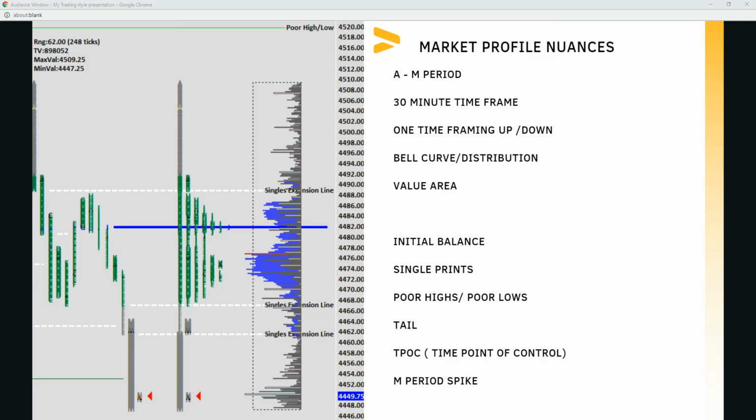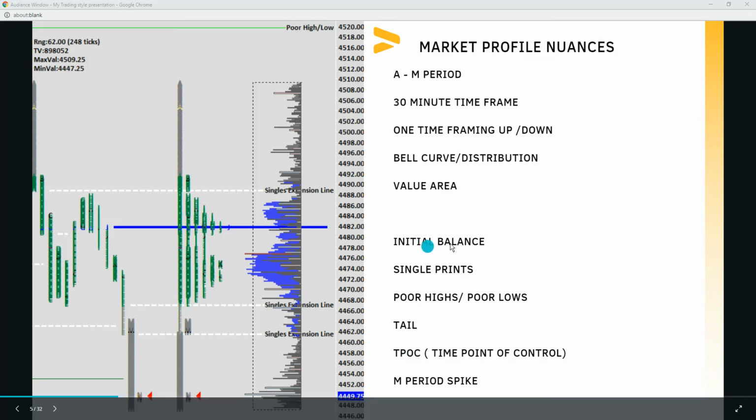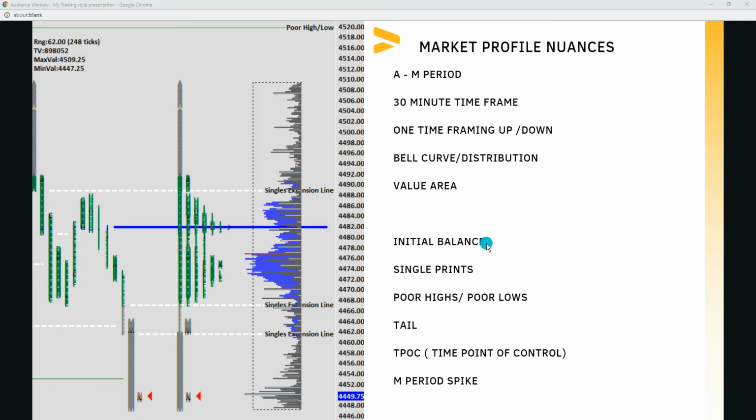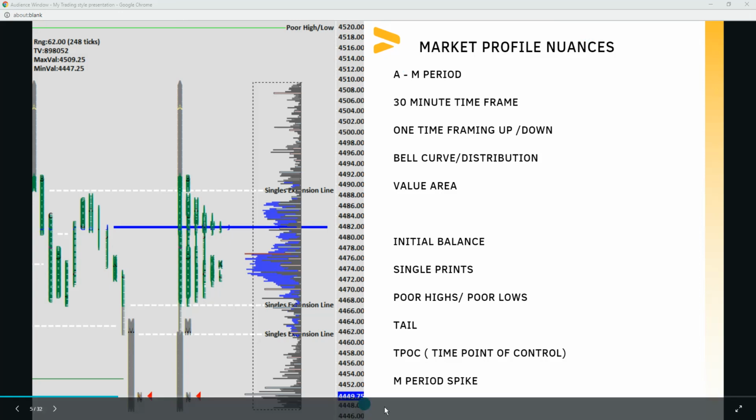Okay, I like to use the initial balance as a key reference, the opening range, be it the 30-second range or the 5-minute range. These are basically good areas to just eyeball. You know, where was the open, right? If we open at the high of a previous session, are we opening at the low of a previous session, right at the middle of the session?